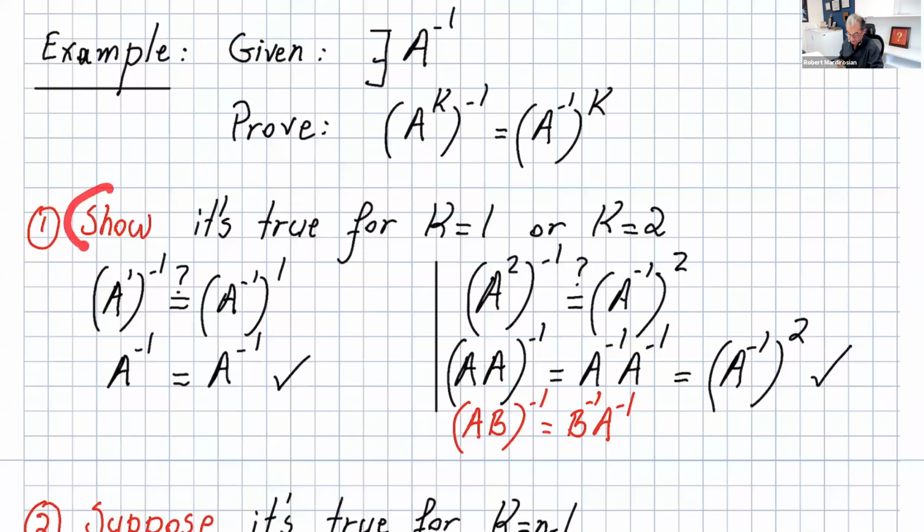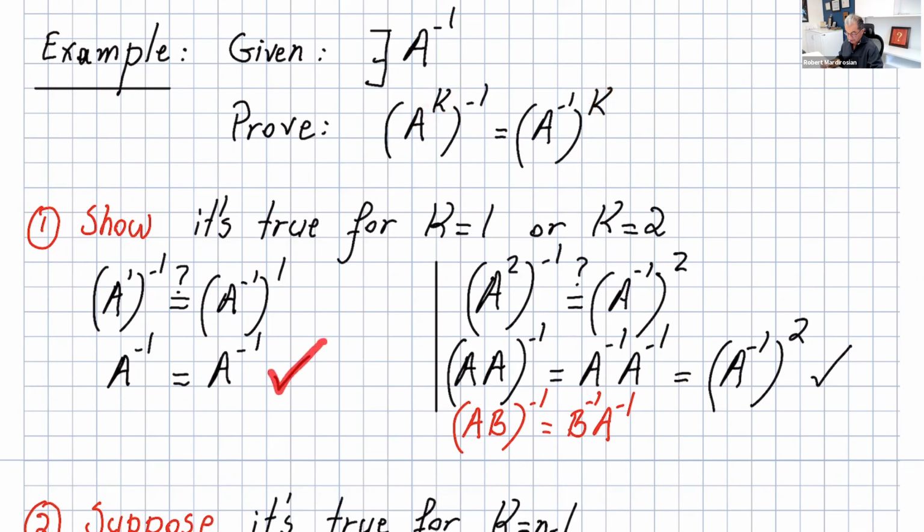We're going to start with step number 1, show it's true for k equals 1 or k equals 2. I used both here. If you put 1 here, this is just A, so you get A inverse equals A inverse on both sides, so that checks.